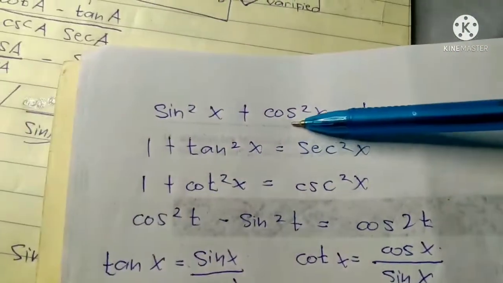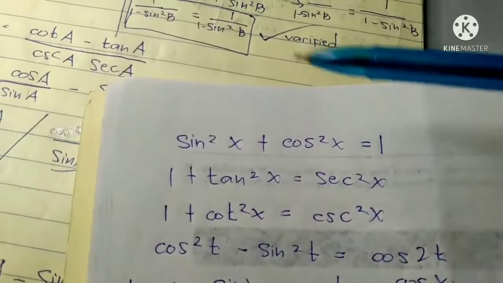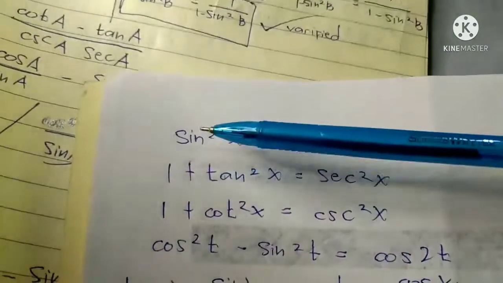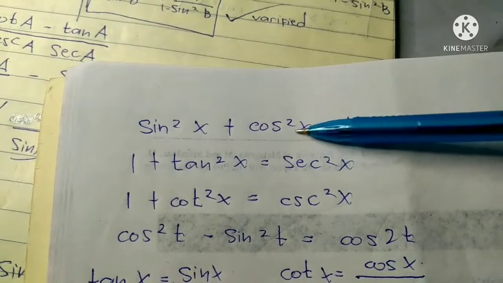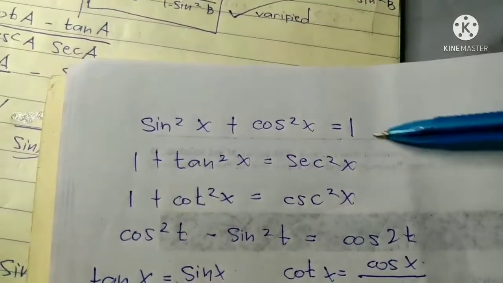We have your cosine squared, right? Then if we transpose sine squared x to the other side, we will get cosine squared x is equal to 1 minus sine squared x.